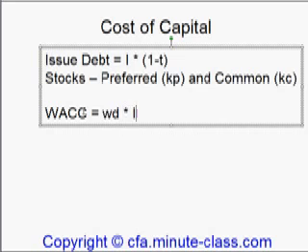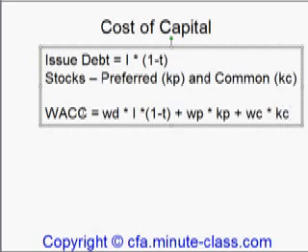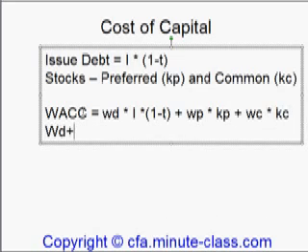For example, if we have WD percentage of debt issue, then its contribution will be WD times I times (1 minus T). And if we have WP of preferred stock issue, then the contribution will be WP times KP. And finally, if we have WC of common equity issue, then the contribution will be WC times KC.